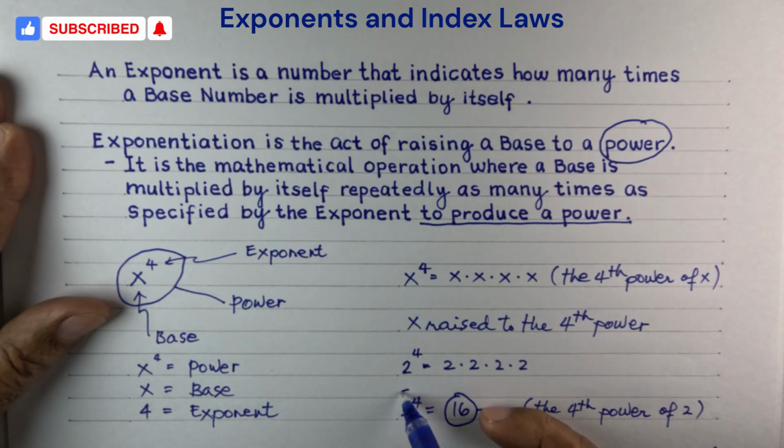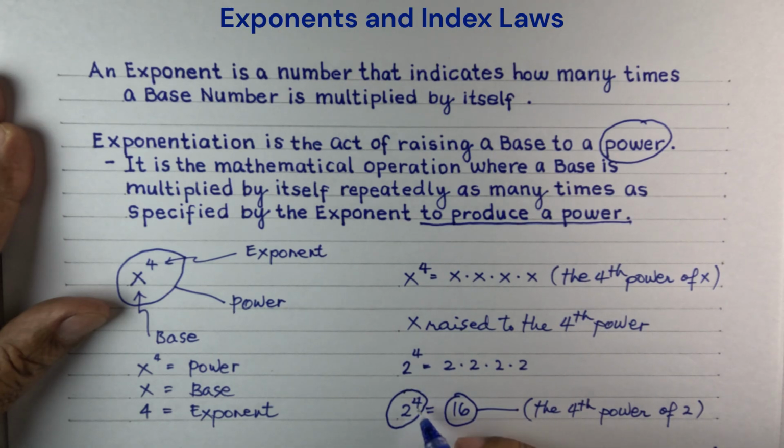The power is this entire expression here, 2 to the fourth, because a power contains a base and an exponent. Likewise, the result 16, which is the outcome of this exponentiation, is also called a power, specifically the fourth power of 2. So we can say 16 is the fourth power of 2.